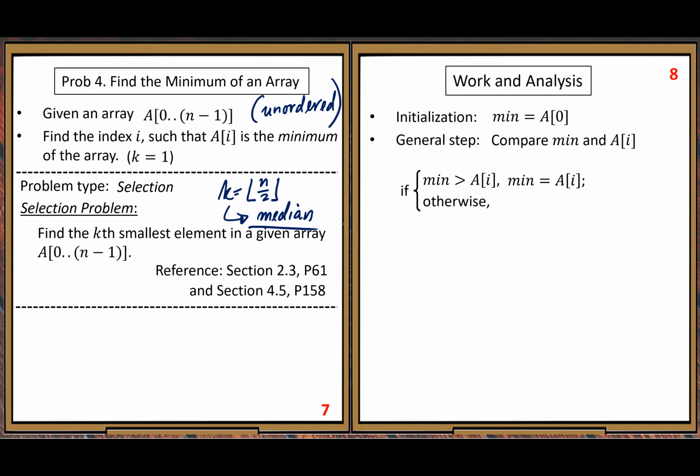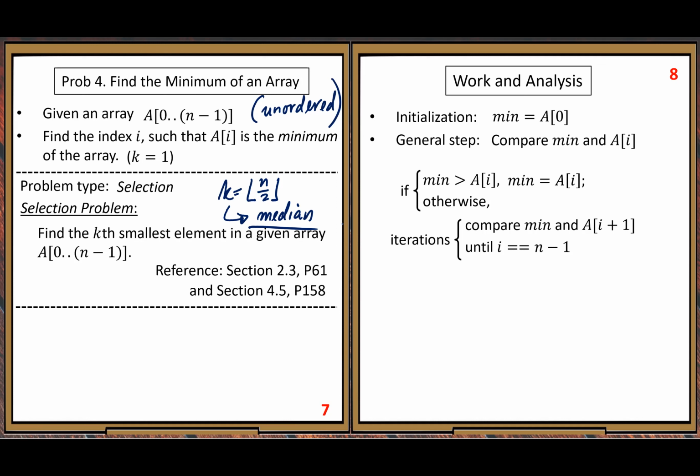Then we move to the next iteration, until we compare with the last element, I equals n minus 1.